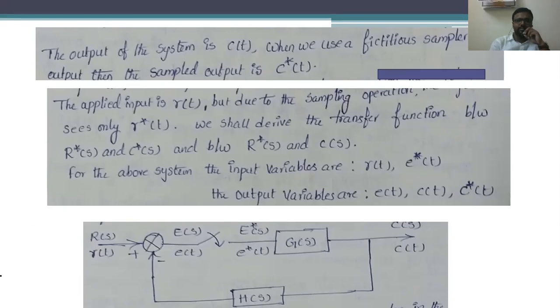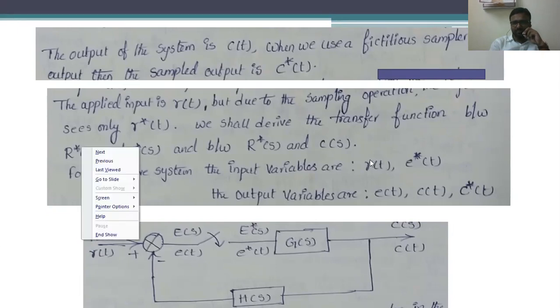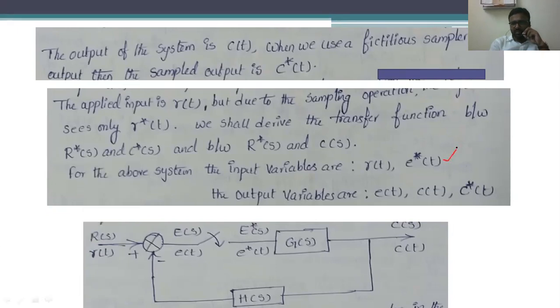The input values of the system are R of t and E of t, and the output of the system is C of t.